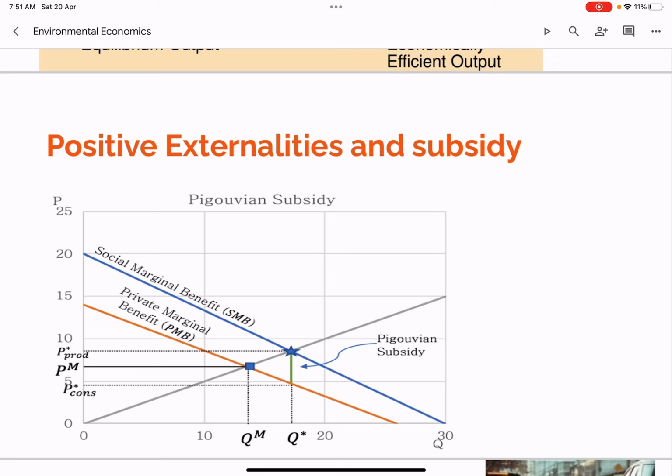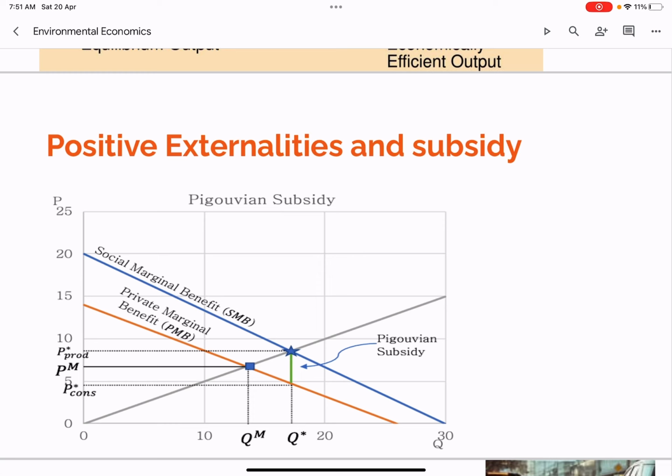So that vertical distance becomes the Pigouvian subsidy. The private benefit curve does not shift on its own to a social benefit curve. The government has to intervene in the form of Pigouvian subsidies so that we reach the socially optimal number of vaccines or any positive goods, right? So this is how we need to understand the Pigouvian taxation and Pigouvian subsidy.